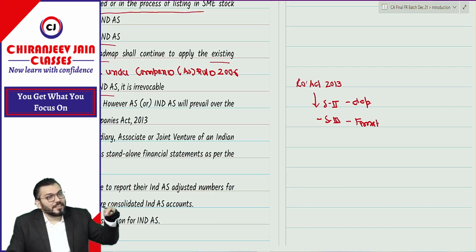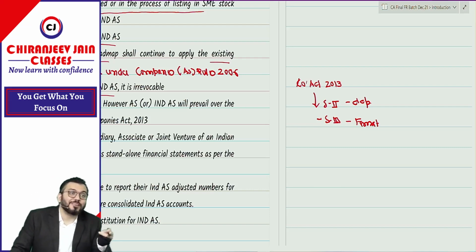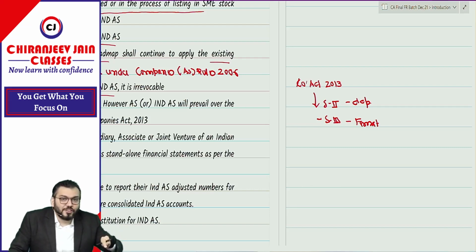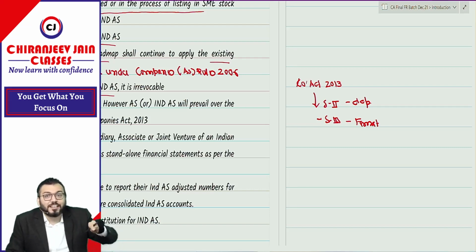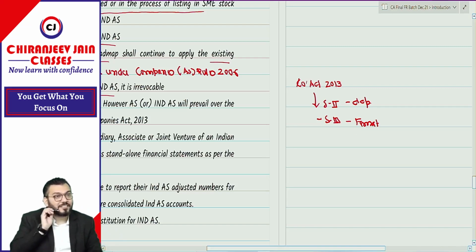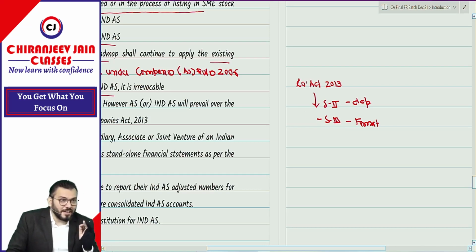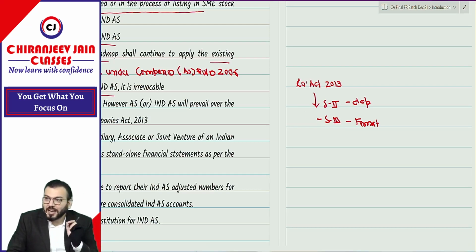Means it is given under Schedule 3 only that it can be modified as per the requirement of any AS or Ind AS. So can I say in this way, AS or Ind AS will override the requirement of Schedule 3, even though it is a part of Companies Act. Means apart from Schedule 3, any other schedule will prevail over AS or Ind AS. I hope you are understanding. Correct?